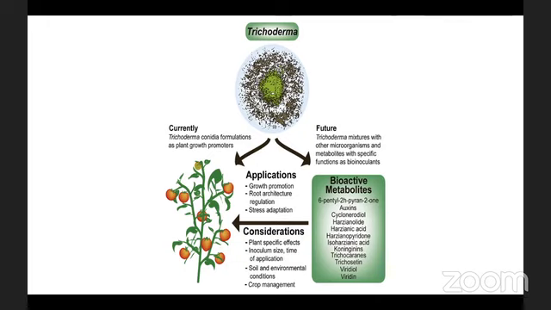Soil and environmental conditions also matter in that case, like what type of soil is present in our geographical region or at our farm. Environmental condition also matters, like whether we are growing the plant in humid conditions, dry conditions, or heavy rainfall conditions. That should be considered when using bioinoculants.